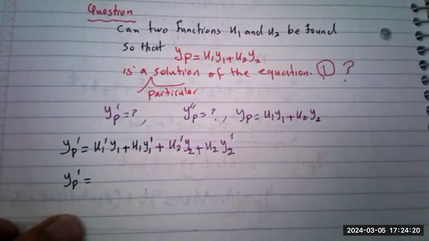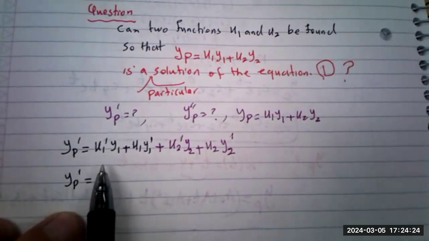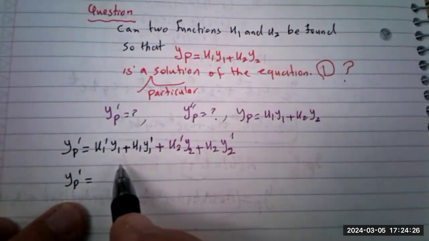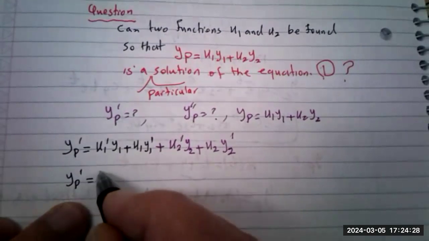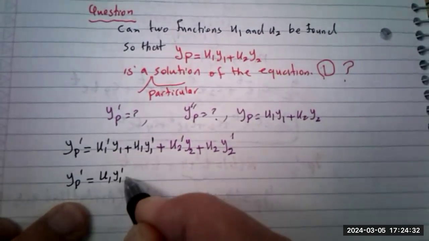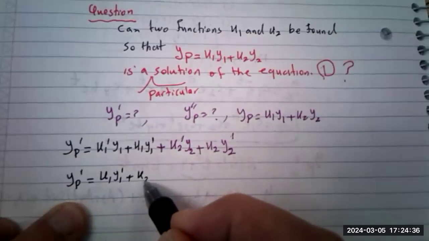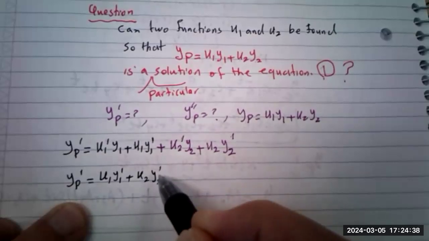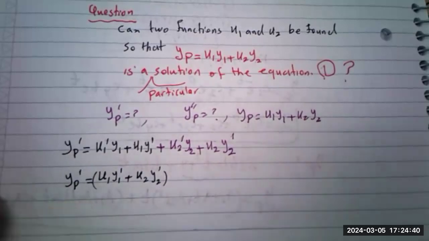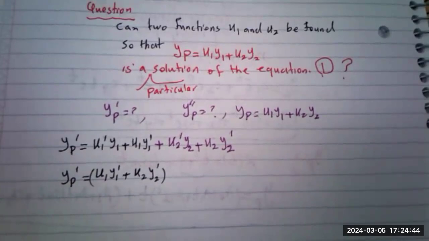So we are going to rewrite it. The way I'm going to rewrite it is: you see u1 y1 prime, then u2 y2 prime. I take these two, because if I differentiate again, I get u1 prime and u2 prime.